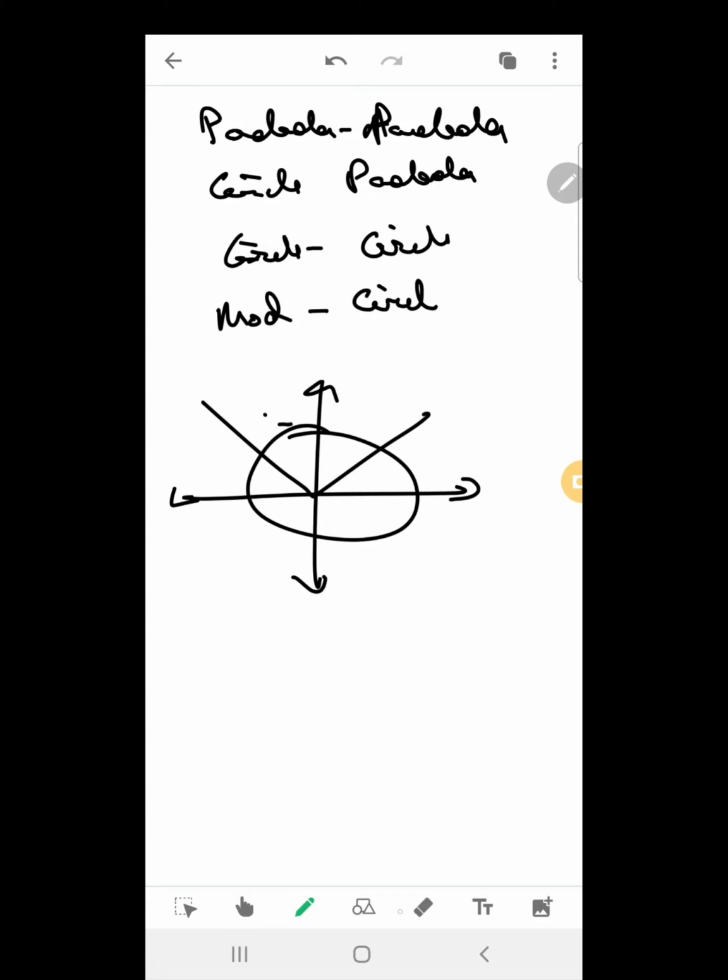You are often asked to find areas involving parabolas, parabola intersecting portions, then circle and parabola, circle, then other curves also, like the mod function. Mod and circle will look something like this. This is the mod function, this is the circle.